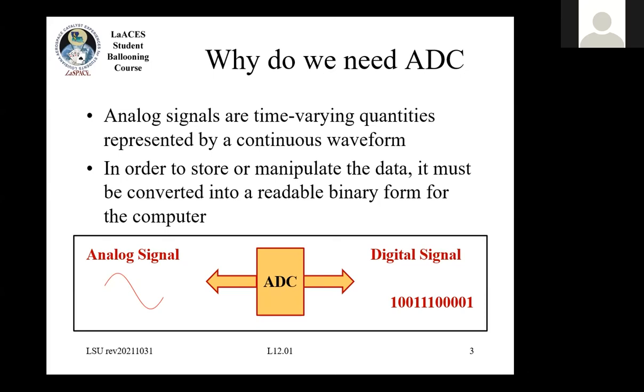So that is what the ADC does. It takes your analog signal as an input and it outputs a digital signal. And usually what we mean by that is it outputs a number for the value of that signal at a particular point in time.